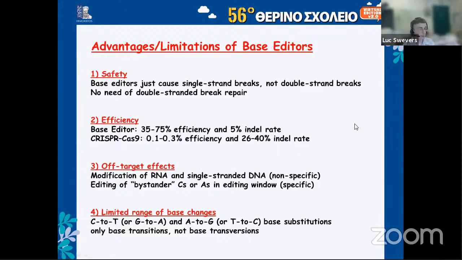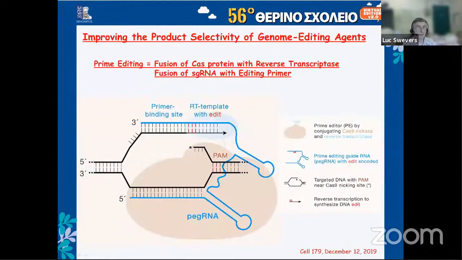Of course, they have off-target effects which need to be taken into account. And also base editors in general are more limited in base changes, because they only afford base transitions and not base transversions.